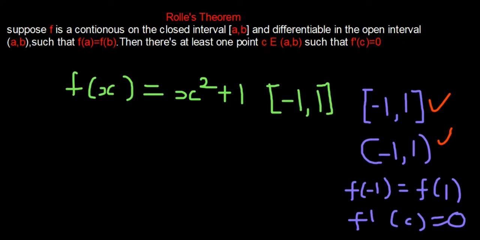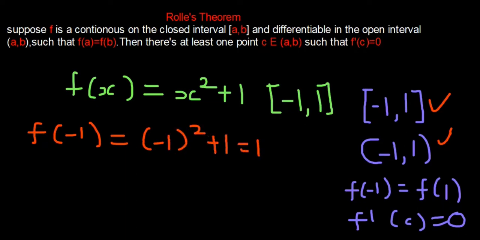The next condition that we look at is f of -1 should be equal to f of 1. I'm going to put -1 and 1 in this function and see if we get the same values for these two. I'll test for f of -1. That will be -1 to the power 2 plus 1.